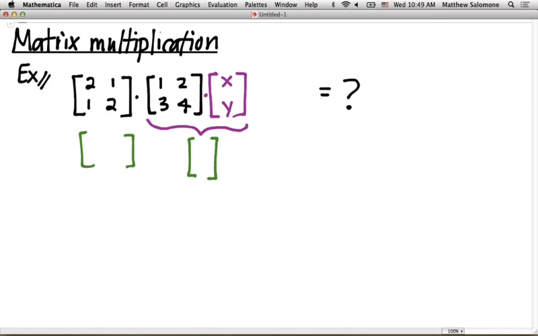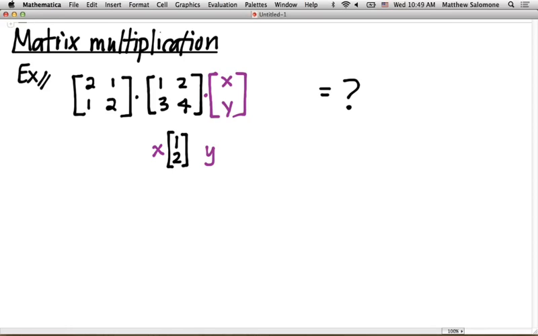So once we throw that vector in there, we have a place to start, because we can multiply the matrix on the right here by the vector xy. And how do you multiply a matrix by a vector again? Distribute the vector into the columns and form a linear combination of those two columns.